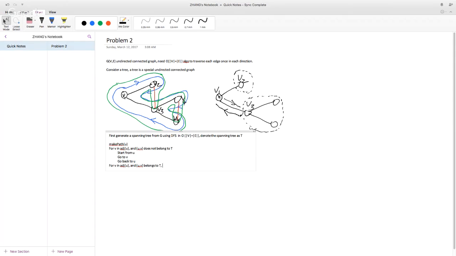Let's suppose from V1 to V3, and now we're at V3, we only need to consider the subgraph from V3, and the subgraph does not include the edge from V3 to V1, to see that V1 is the parent of V3 on the spanning tree. So we need to check an additional condition that V is not U dot parent in T.